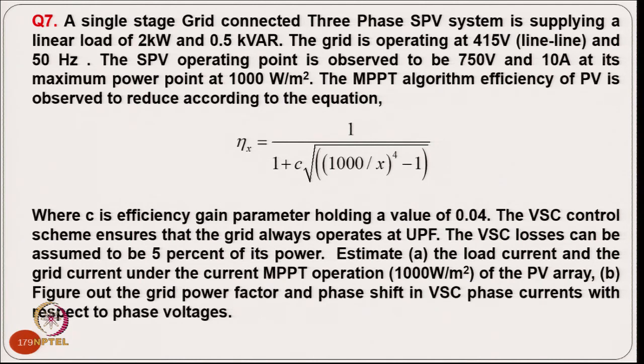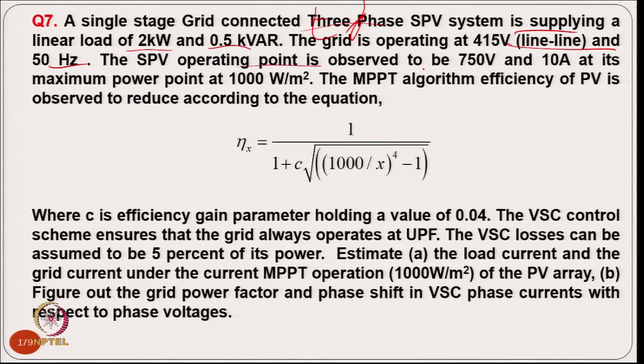Coming to the seventh example, a single stage grid connected 3-phase solar photovoltaic system is supplying a linear load of 2 kilowatt at 0.5 kVAr, and the grid is operating at 415 volt and 50 hertz.